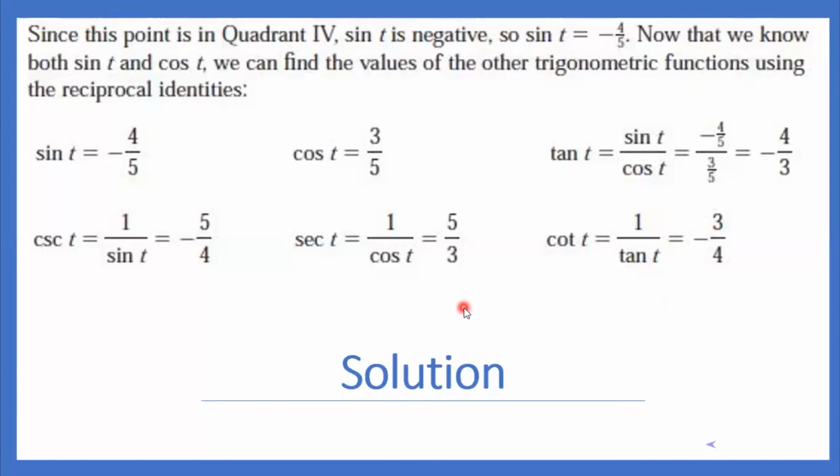Okay, so that's it. That is how we use the trigonometric identities in order to get the 6 trigonometric functions given a specific condition in a specific problem.